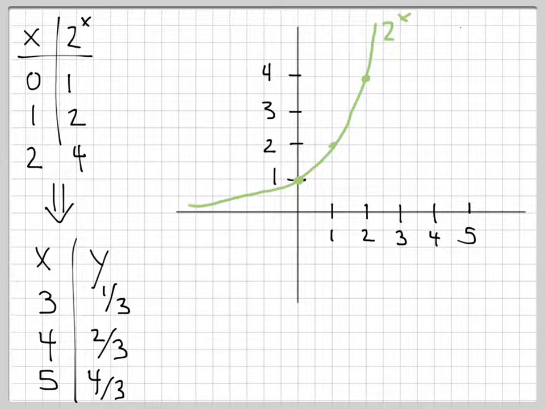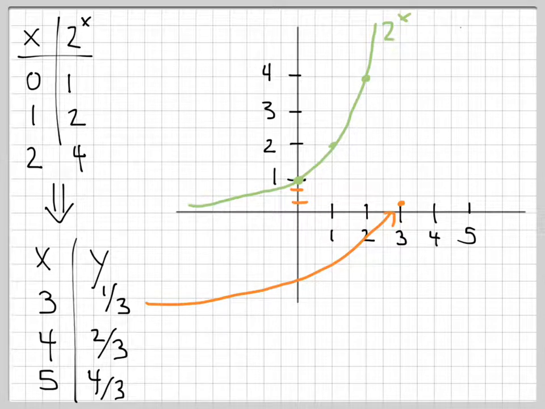And now all you have to do is take these points and put them on the graph. So if I divide into thirds, here's 3, 1/3. This point is just there.